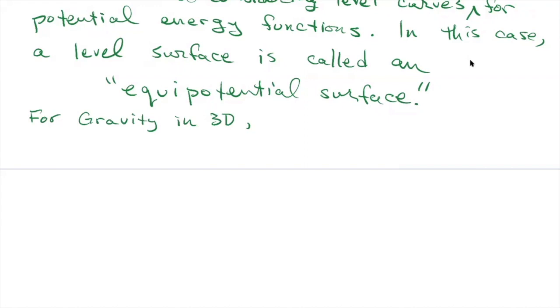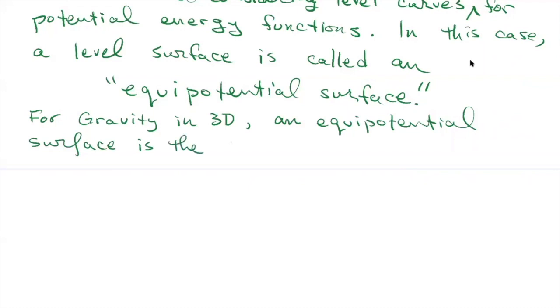For gravity in 3D, an equipotential surface is the shape of what? And I'm waiting for someone to type in. Think about gravity. Equipotential would be a surface in a gravitational field that has the same potential energy. Correct. Thanks, multivariable functions. They would be the shape of a sphere.